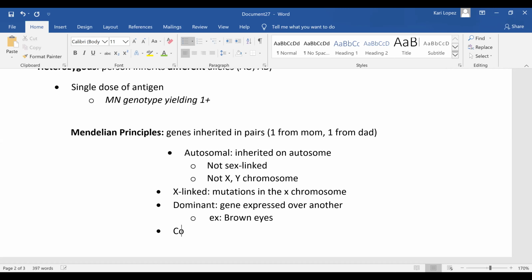And then there's codominant. What does that mean? Equal. Yes. So equal expression of two different alleles. What's an example of that you know of?